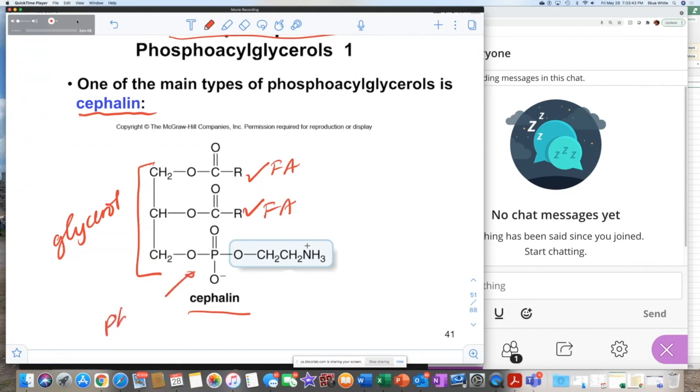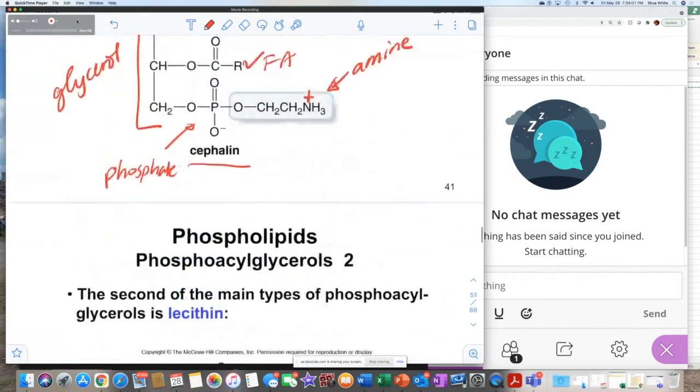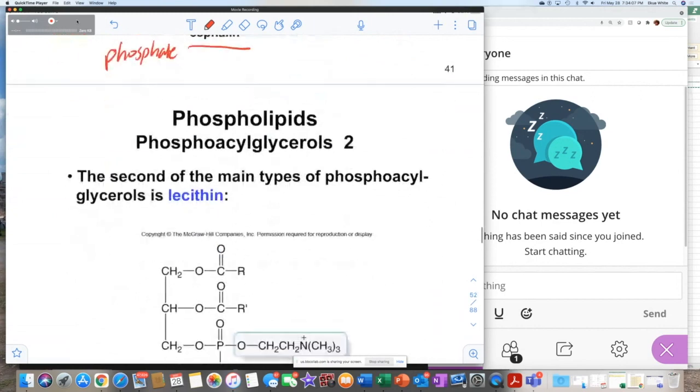You can see that here. And then you have this amine group, right? It's more like an amino group, but anyway, amine group right here. By the way, this right here is a primary amine, and you can see that.